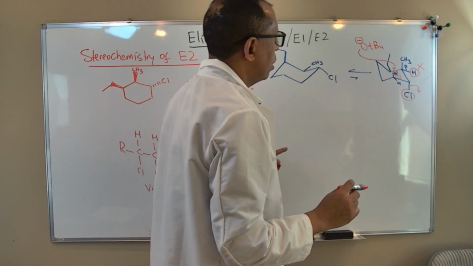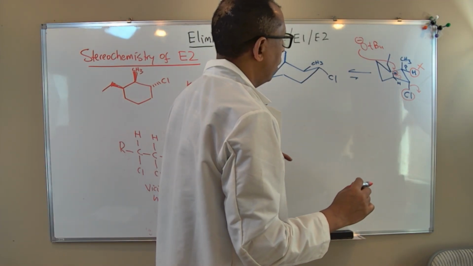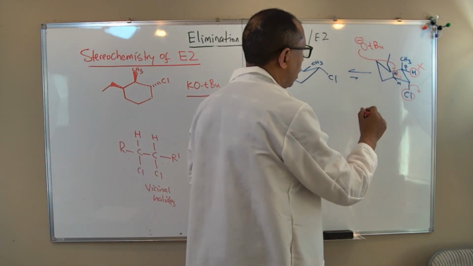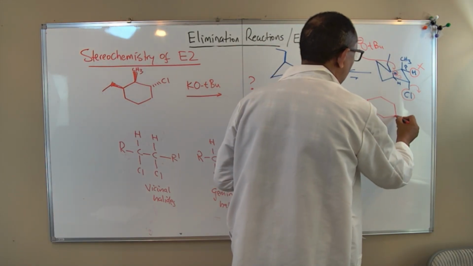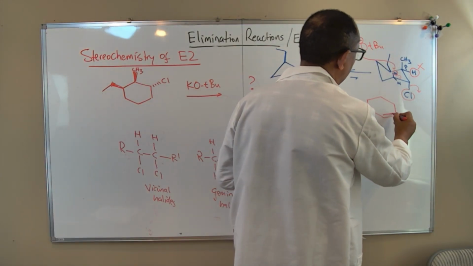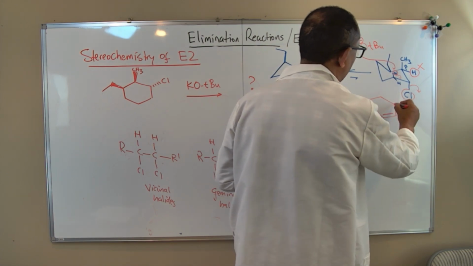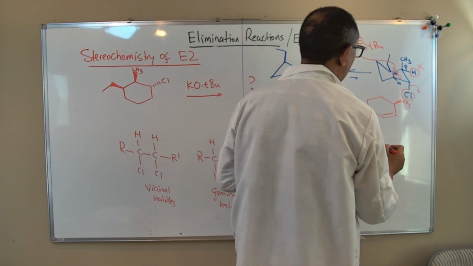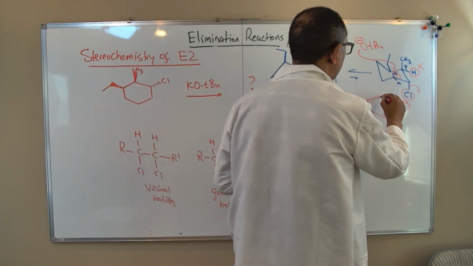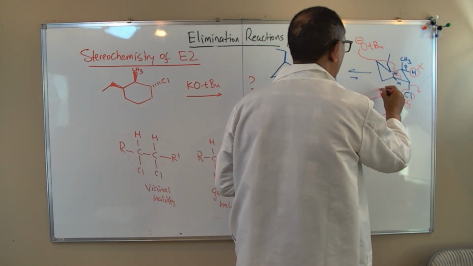So the structure of this compound looks like this: the double bond is right here, CH3 is still there, and the ethyl group is here.